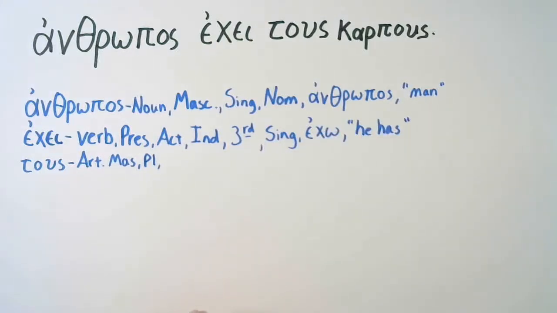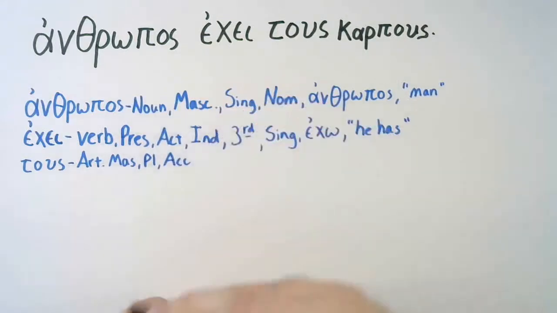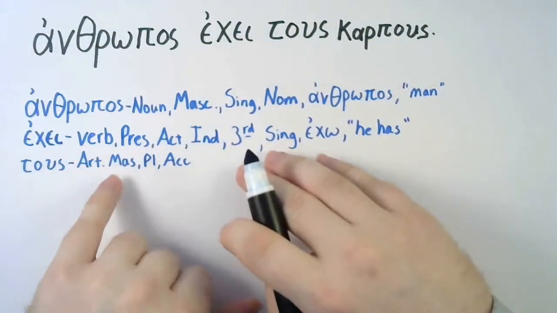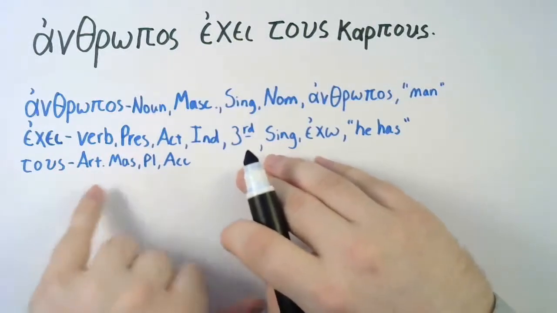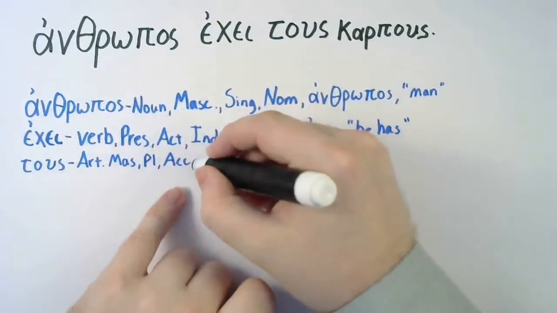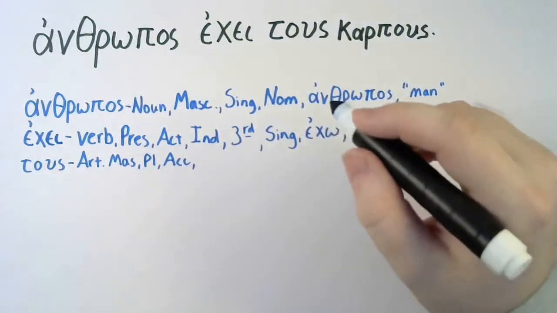What case is tous? Tous is the accusative. Recall your chart. If not, go look it up. That the definite article, masculine plural accusative, is tous. Alright? Very good. Okay. Now we're going to need its lexical form.